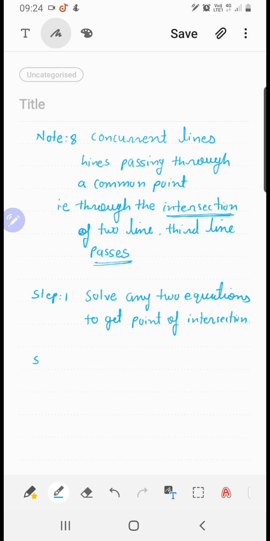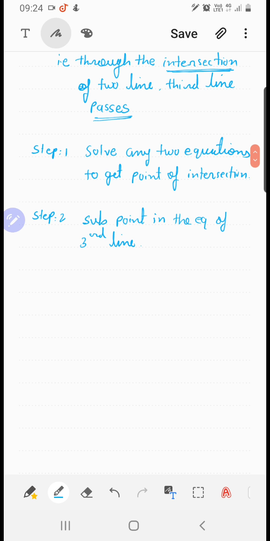And in step number 2, we substitute the point in the equation of the third line. Okay, if it satisfies, then the lines are concurrent. Now it may happen that in the sum it will be given, so in that case we will find some unknown. Okay, so let us take an example here.